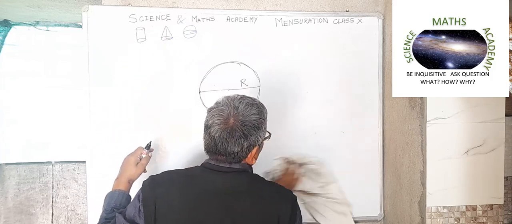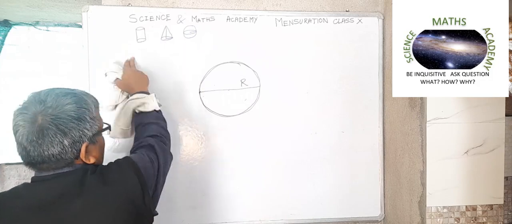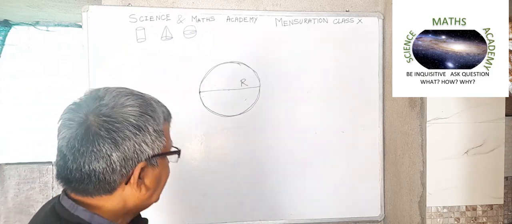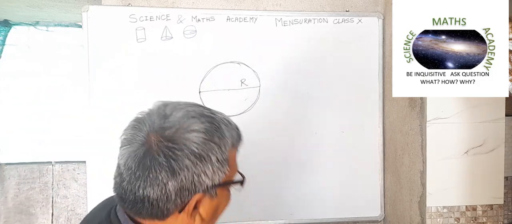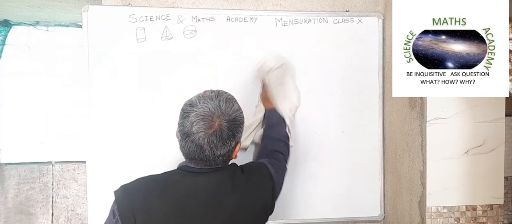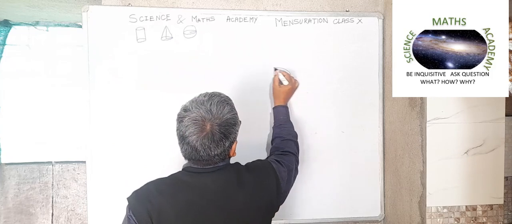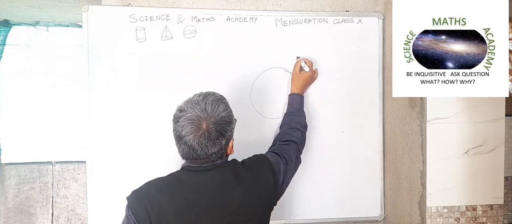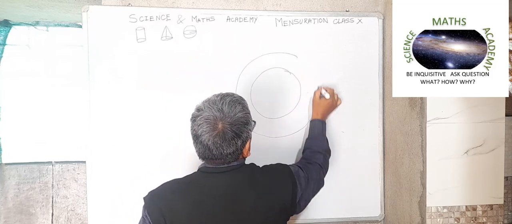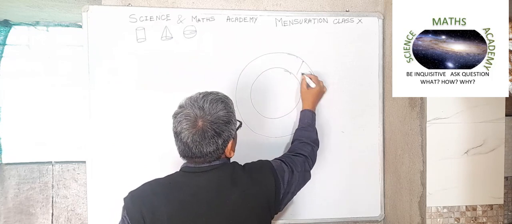Now for hollow solids, we require another formula. Suppose a circular field is here, and around the field there is a circular path. What will be the area of this path?